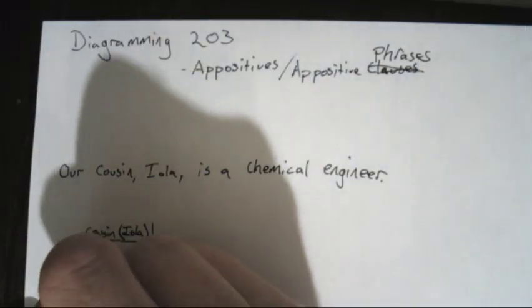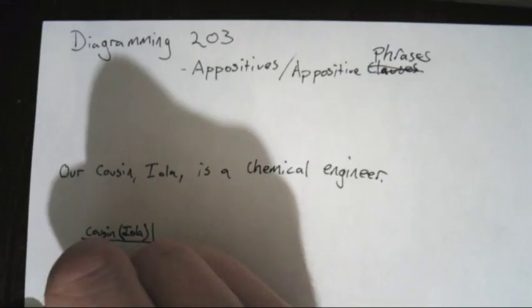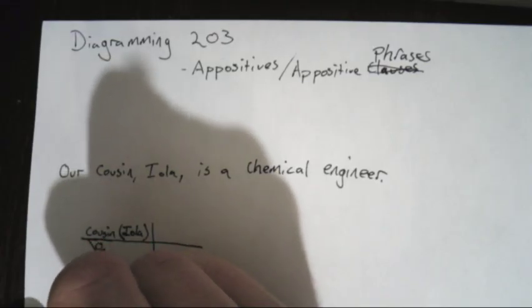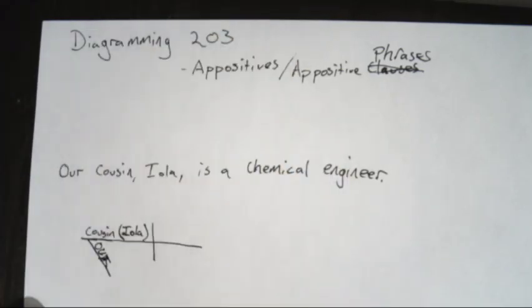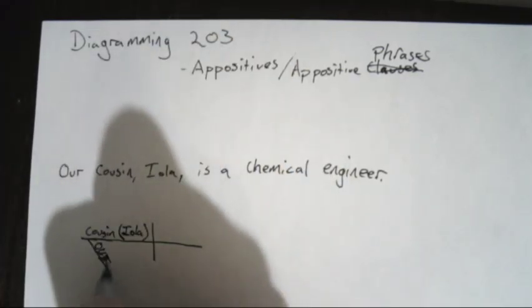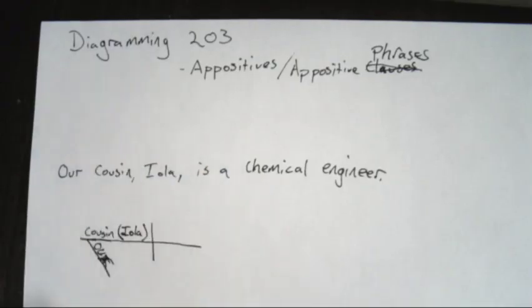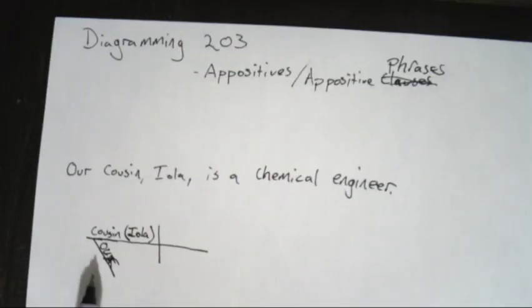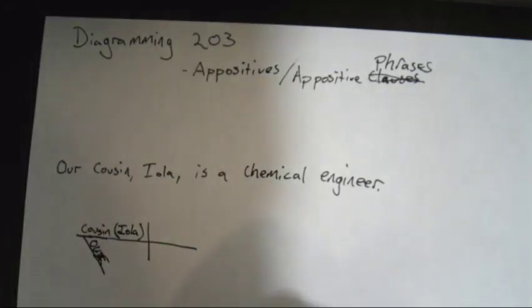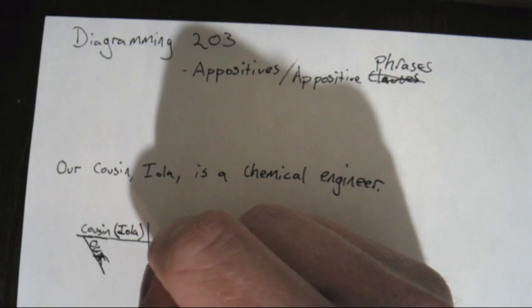Now cousin is being modified by our. I should have capitalized that. Ugh, that's not a K, it's an R. Sorry guys. Our cousin Iola, and then of course we've got the verb is, right?